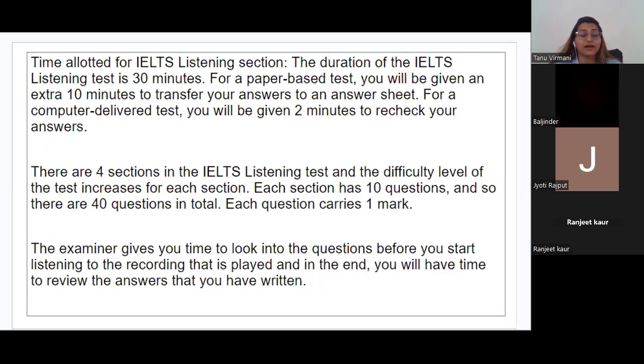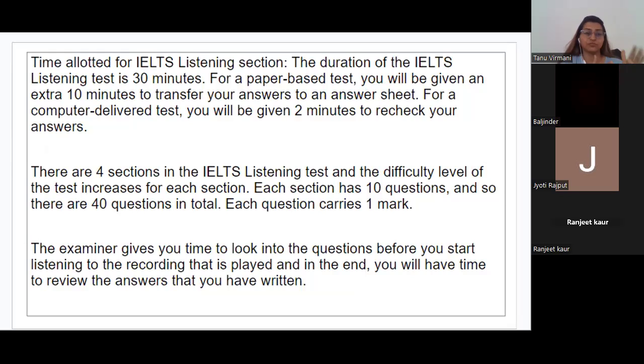As I told you, the duration of the listening test is 30 minutes. For a paper-based test, you will be given an extra 10 minutes to transfer your answers to the answer sheet.